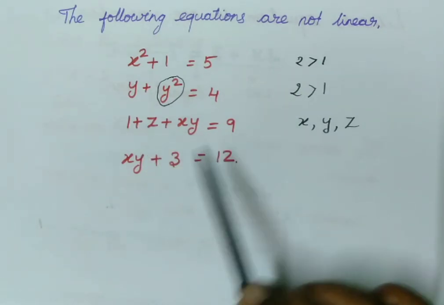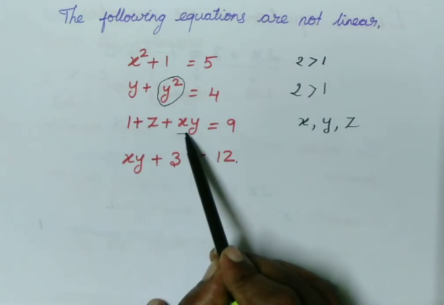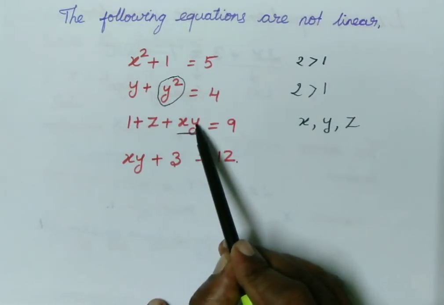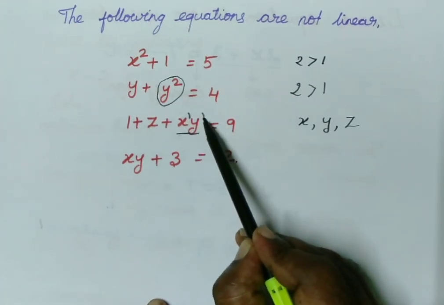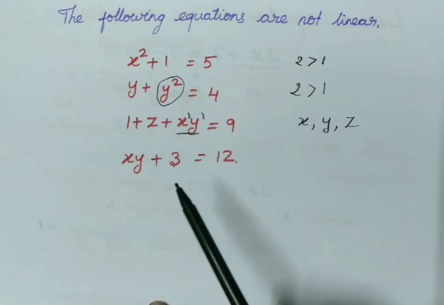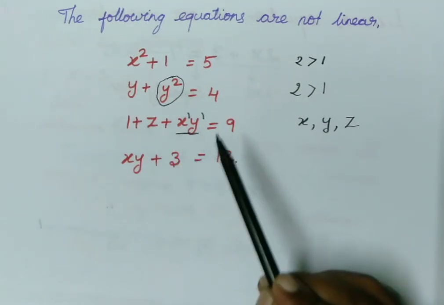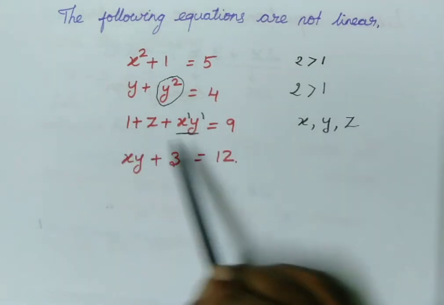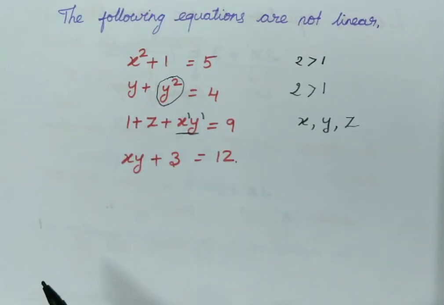So this is also not a linear equation, and the degree of these two variables x, y: the power of x is 1 and the power of y is 1, so 1 plus 1 is 2. The degree of this equation is 2. So again this is not a linear equation. Similarly, this is also not a linear equation. You can say why.